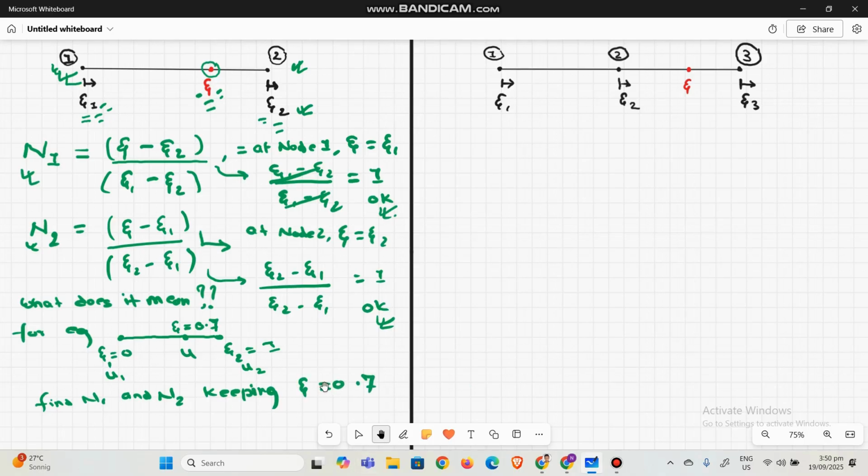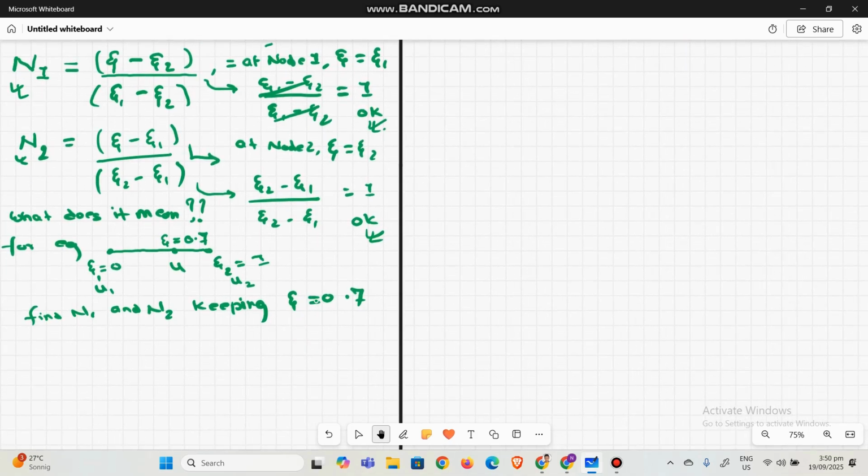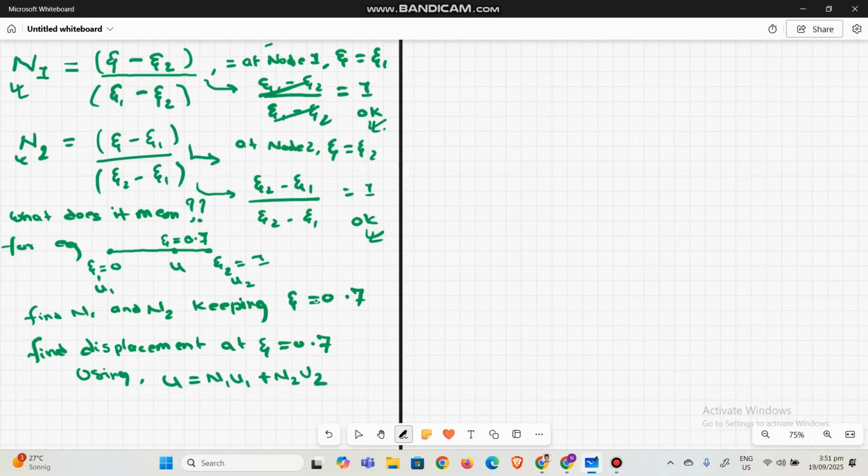Then you can find the displacement quite easily, at xi equals 0.7, using the formula displacement equals n1 u1 plus n2 u2. So this is the sole purpose of finding the shape function, so that we can find displacement at any intermediate point like here.